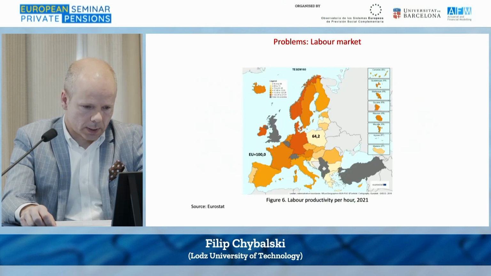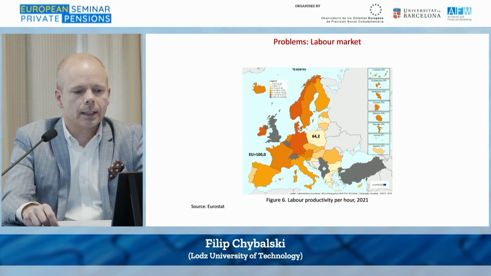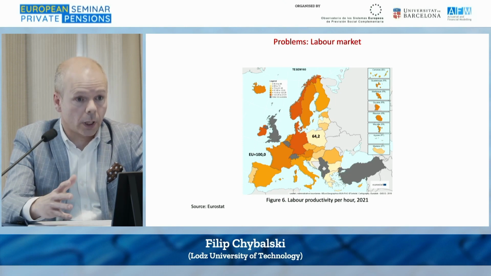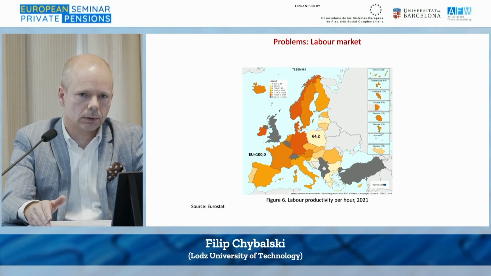Labor market, once again, labor productivity per hour. Poland has 64% of labor productivity per hour as compared to the whole European Union. So labor productivity in Poland is very, very low.